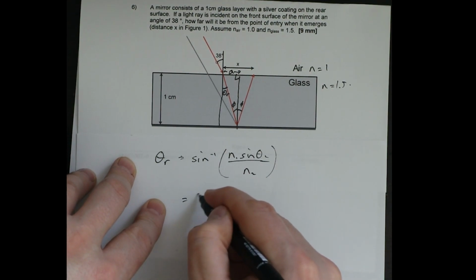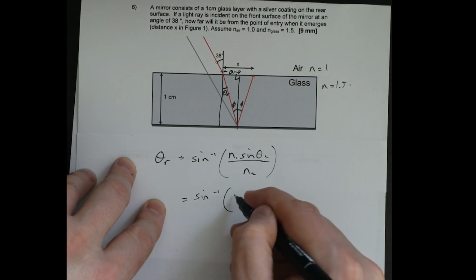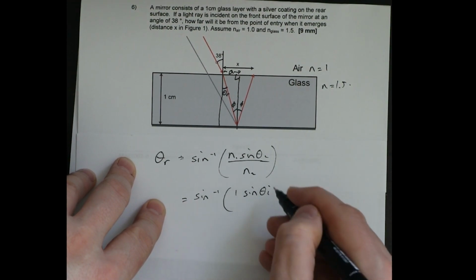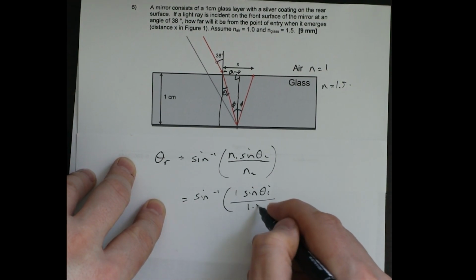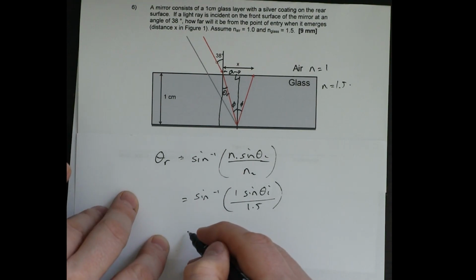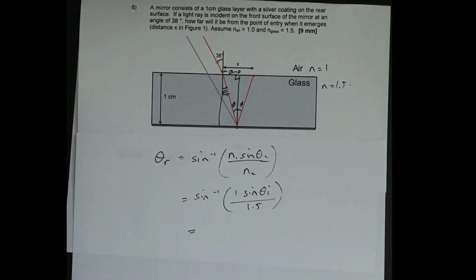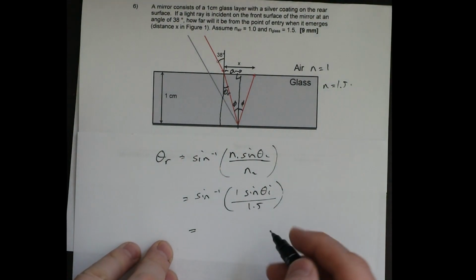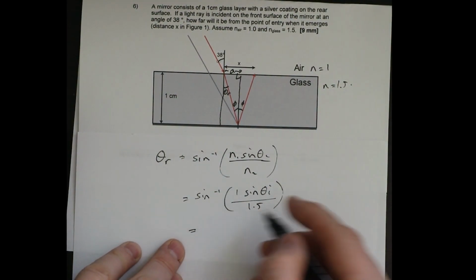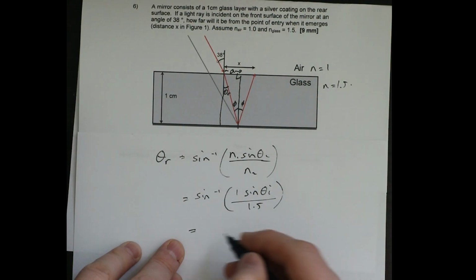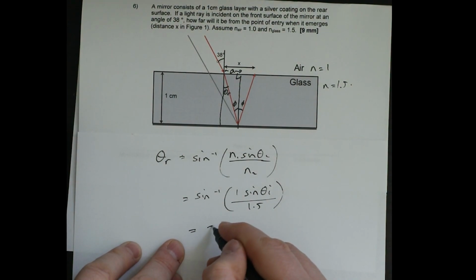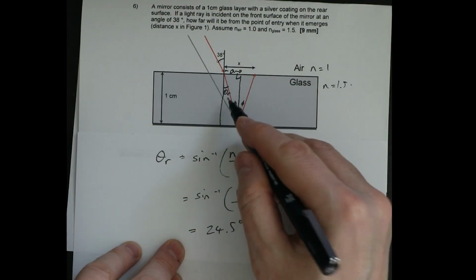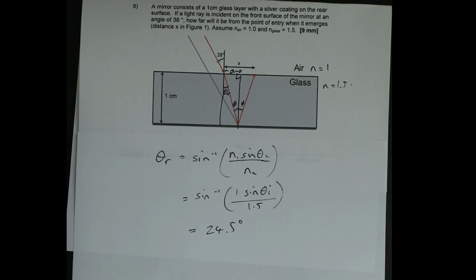If I put those numbers into the equation, it's going to be sine to the minus 1 of 1 times sine of 38 degrees divided by n2, which is 1.5. And that gives me a value of 24.5 degrees as my value of theta r, which is here.